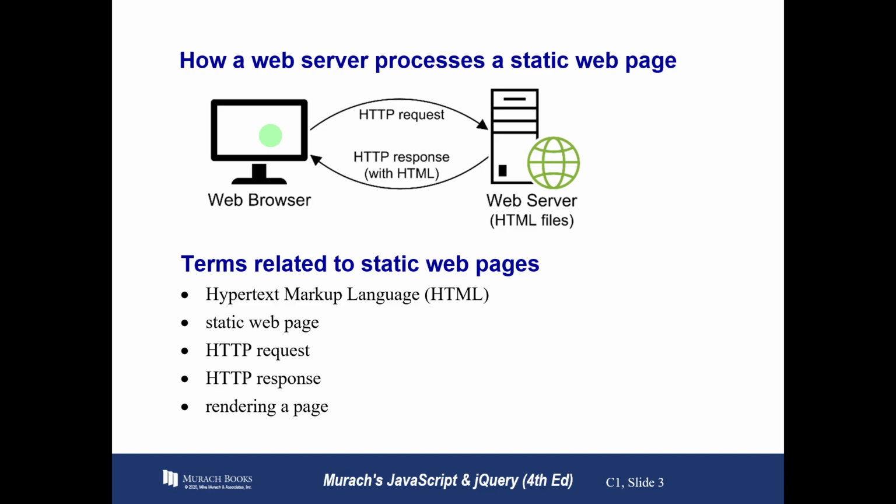When we throw JavaScript into that formula, now we can make a request to the web server. And it still sends back a static page, but it's a static page with HTML, CSS, and JavaScript so that the page can be dynamic. That means the page can interact, it can change, we can do things. People can click on things and they do have responses, and it all happens on the client side.